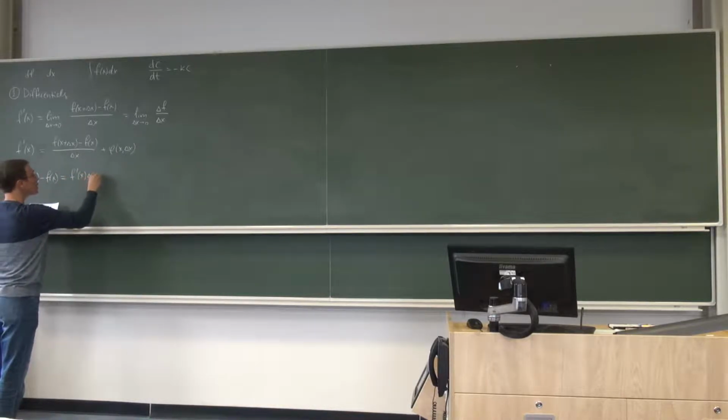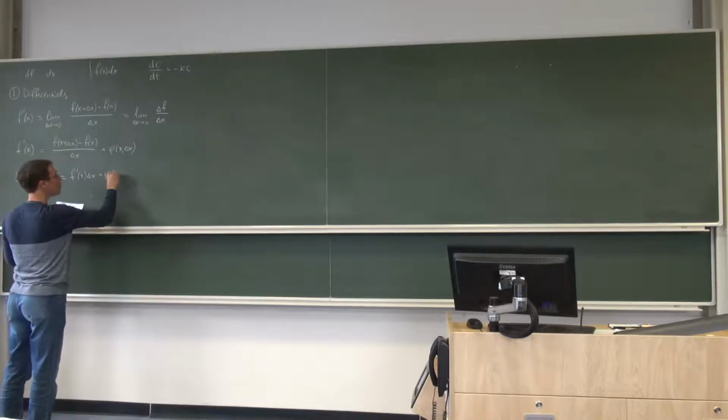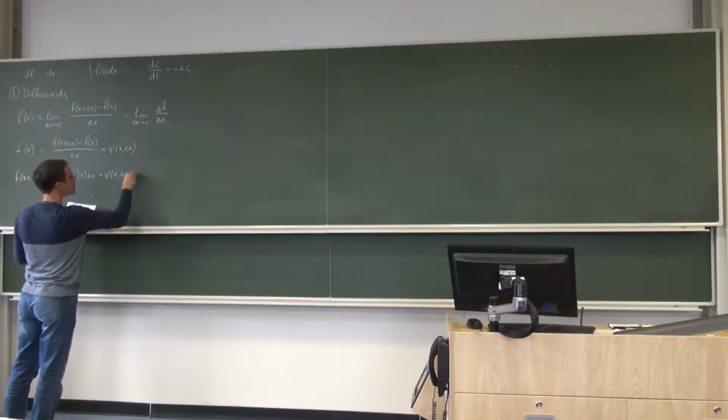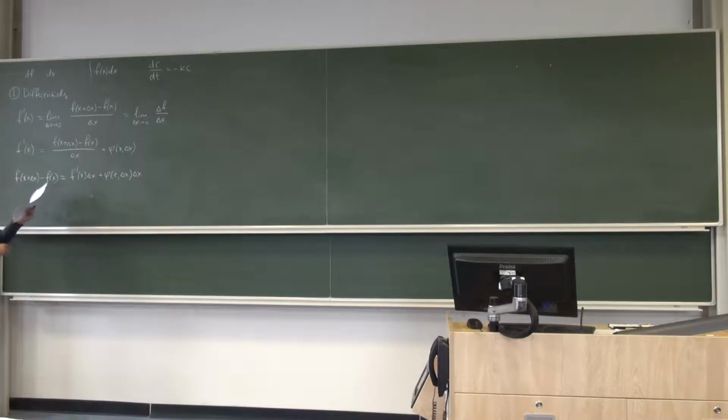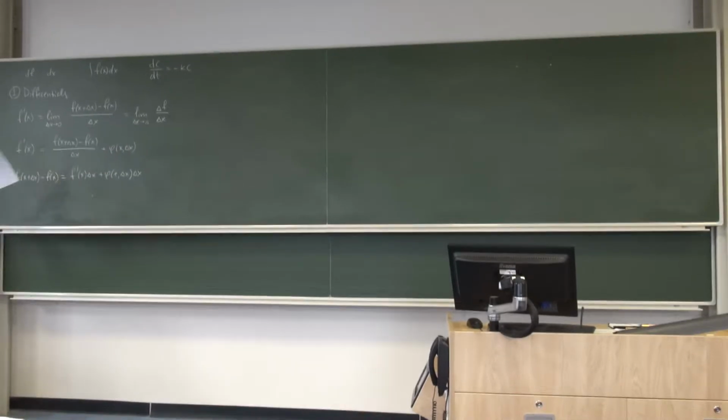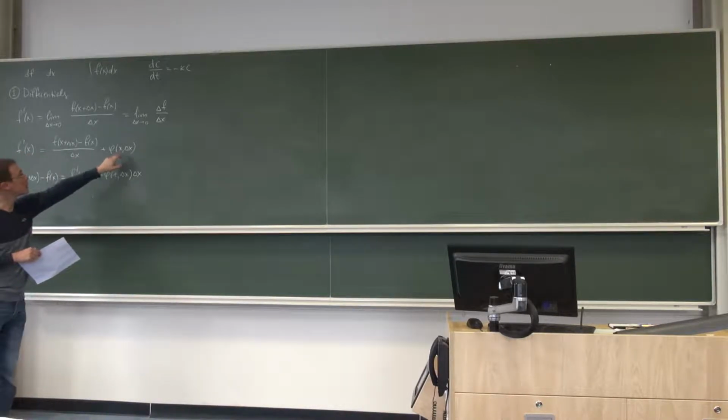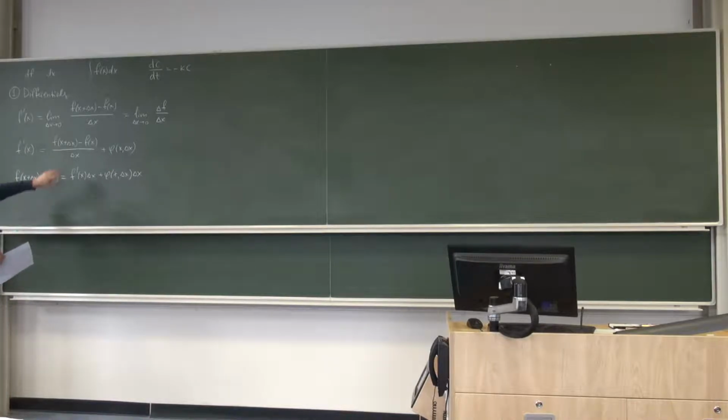It's basically a rearrangement of the expression here. I multiply both sides by delta x, so we get f prime x delta x here, phi delta x there. I shift all of that over there and just flip it around, and so what we have.